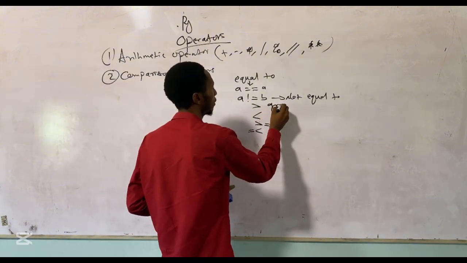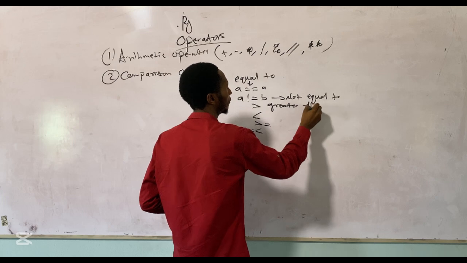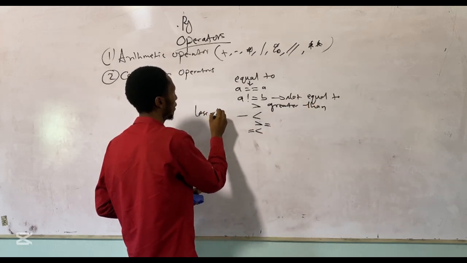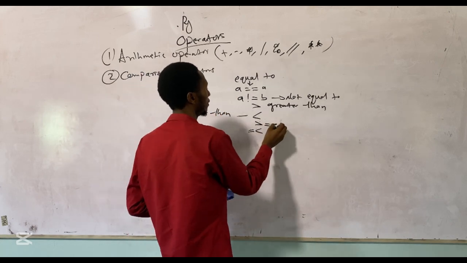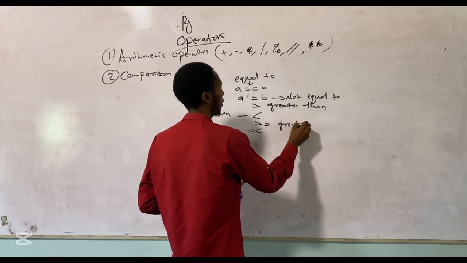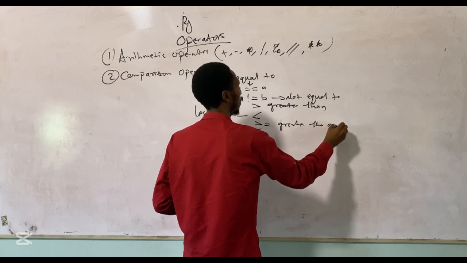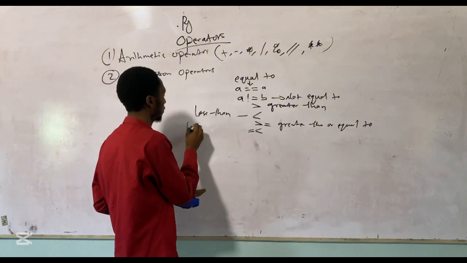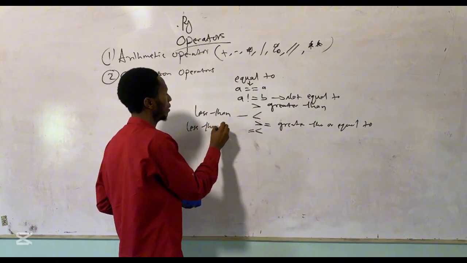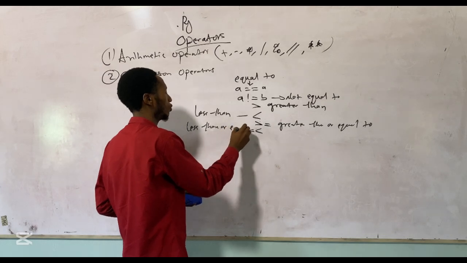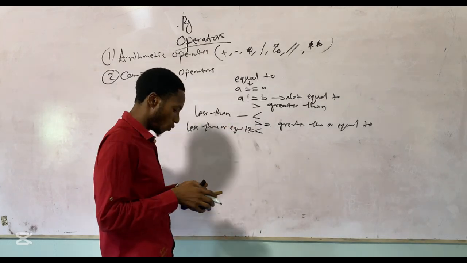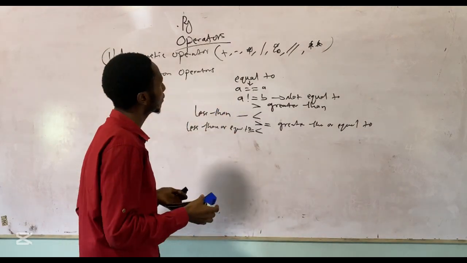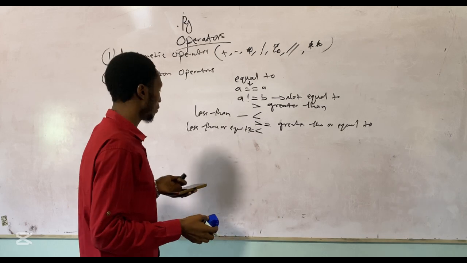This is greater than, while this is less than, then this is greater than or equal to, while this is less than or equal to. So this is how you will actually express this for comparison operators.